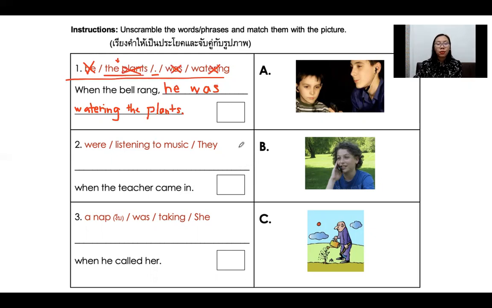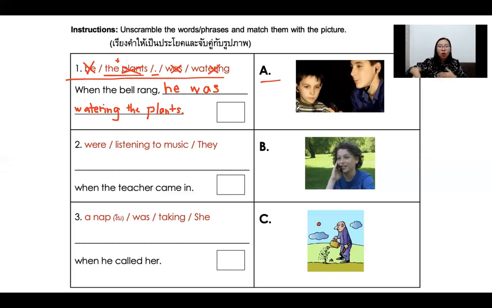So when you answer all the sentences, you need to match the sentences to the correct picture. It says here, number 1: when the bell rang, he was watering the plants. So who is watering the plants here?